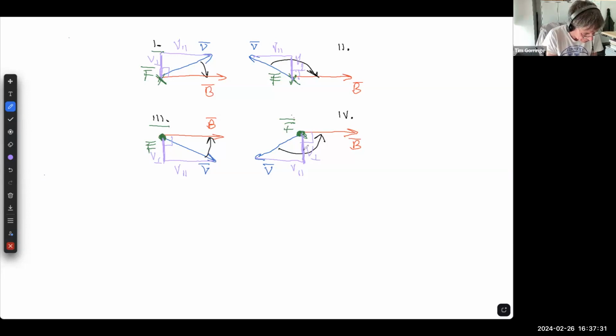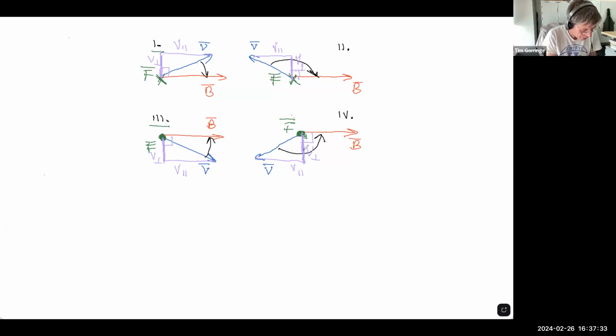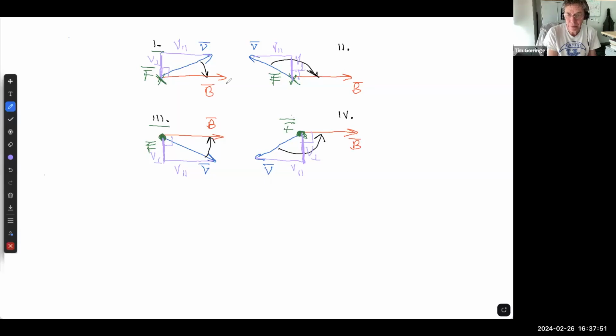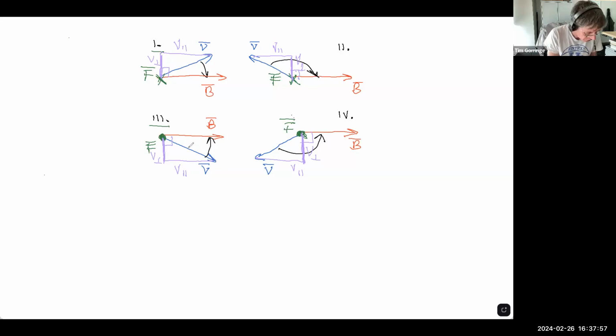If you highlight those, you see why sketch 1 and sketch 2 have exactly the same orientation for V perpendicular and B, and they both create forces that are out of the screen. So from the perspective of the perpendicular motion to the magnetic field, sketches 1 and 2 look the same, and the forces are the same. Likewise, downstairs here, sketches 3 and 4.